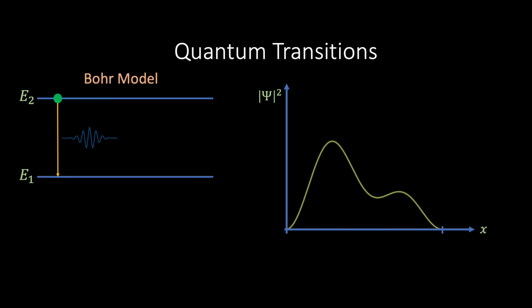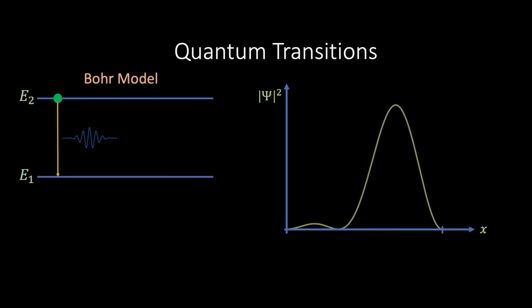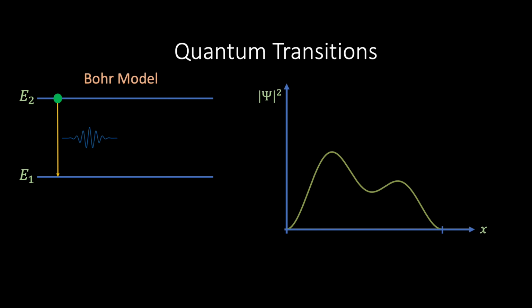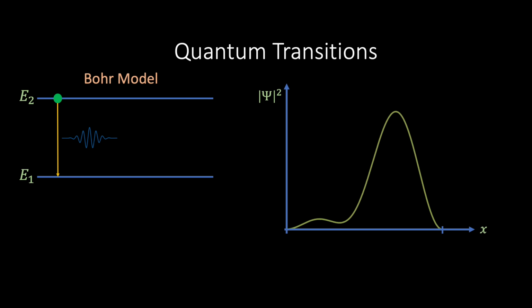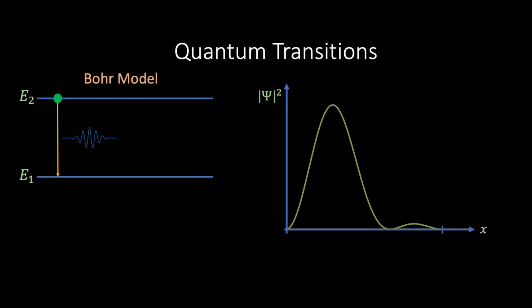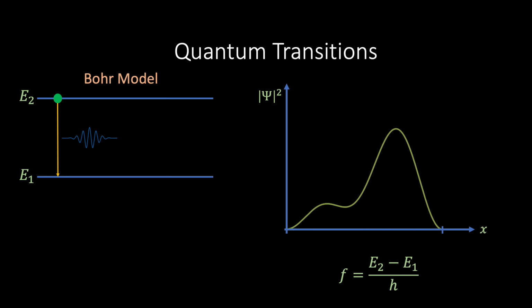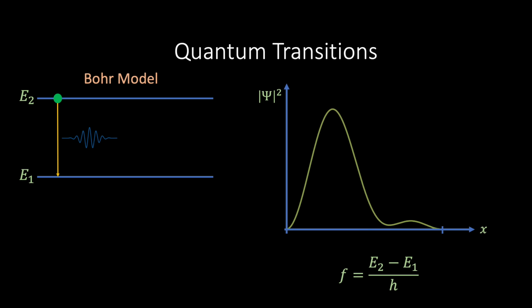And since the probability density is proportional to the associated electron charge distribution, it follows that the charge distribution will oscillate in sync with the probability distribution with a frequency given by the following expression, where E2 is the energy of the excited state and E1 is the energy of the ground state.